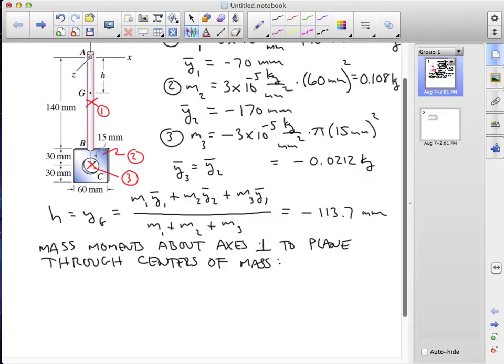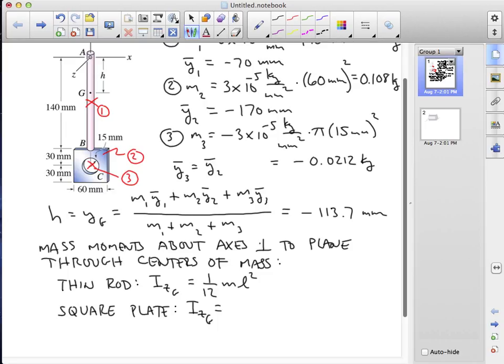For a thin rod, the mass moment about an axis through the center of gravity perpendicular to the long axis of the rod is 1/12 its mass times its length squared.